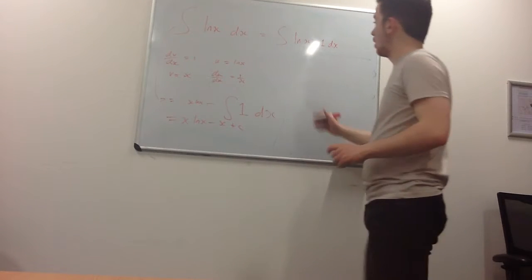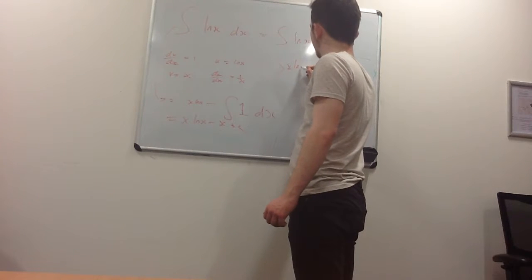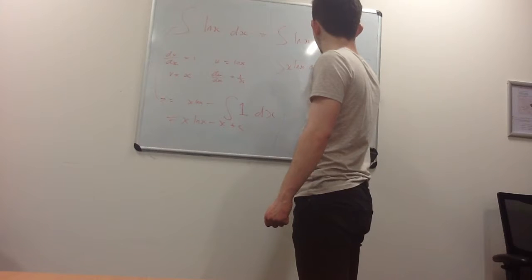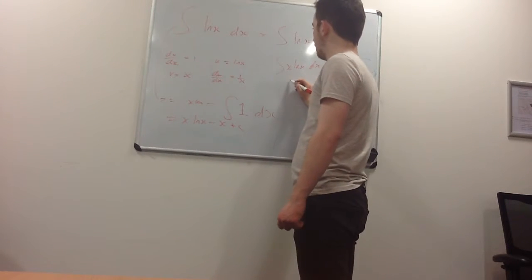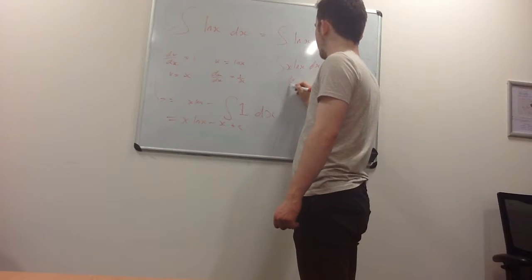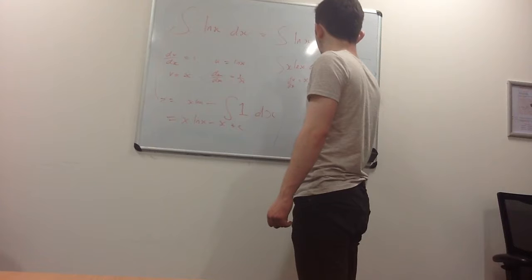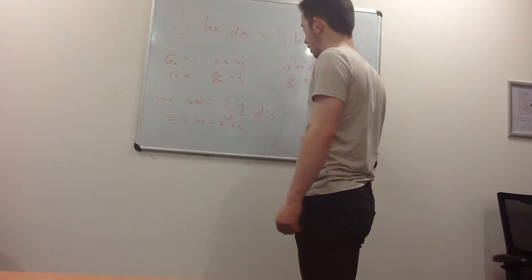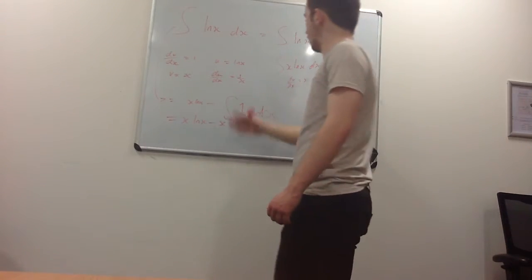So let's say it's the integration of x ln x. Okay? So I know if that was the case, then my dv by dx would be x, and my v would be x squared over 2, right? So I don't have to do the whole thing again, I just have to put those in.